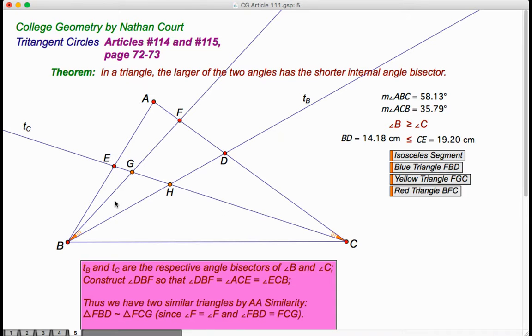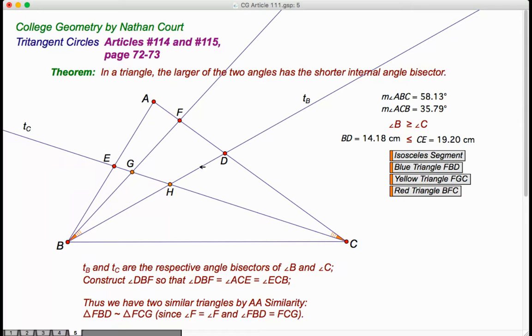Keep in mind that since this is larger in value in here, I can get a smaller portion in here that's equivalent to that. So again, construct DBF so that DBF is equal in value to ACE and ECB. These two are equal to each other. So this is equal to this is equal to this.